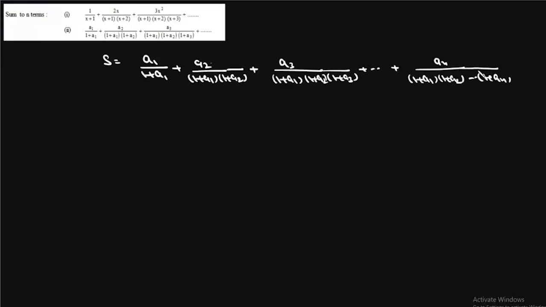Now in this also we need to introduce a negative sign. So what we'll do is we'll add 1 and subtract 1 in each of the terms except this first one, and then we'll split each term in two parts.